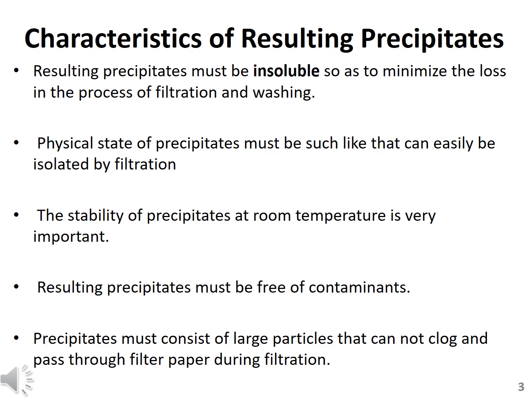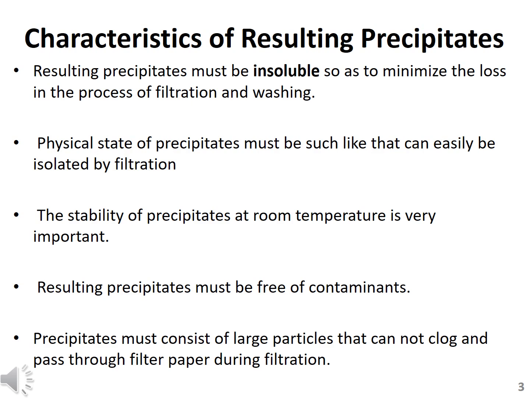The precipitate must consist of large particles that cannot pass through the filter paper during the filtration process. Another aspect is clogging of the filter paper. So the precipitate should be of larger size. If they are smaller, they may pass through the filter paper or clog it.